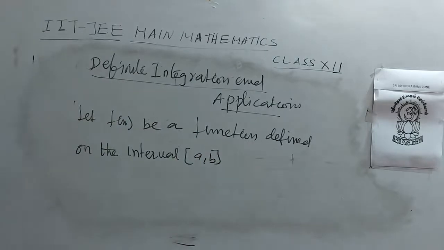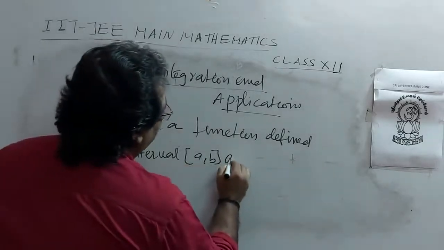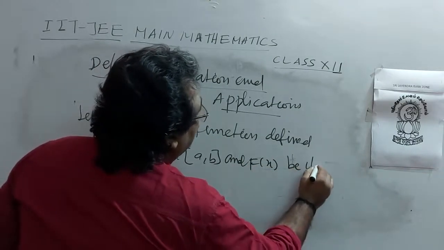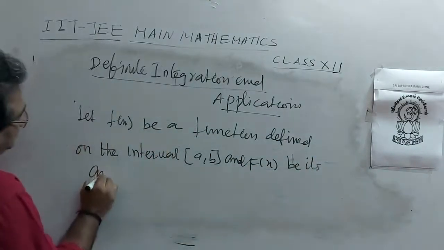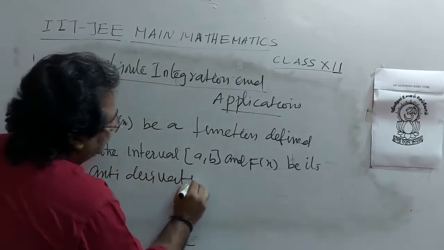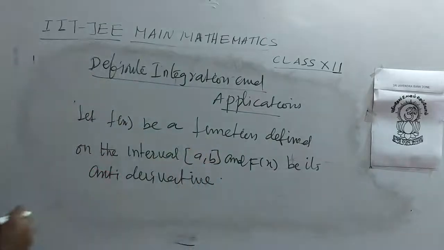Let f of x be a function defined on the interval a comma b, and capital F of x be its antiderivative.